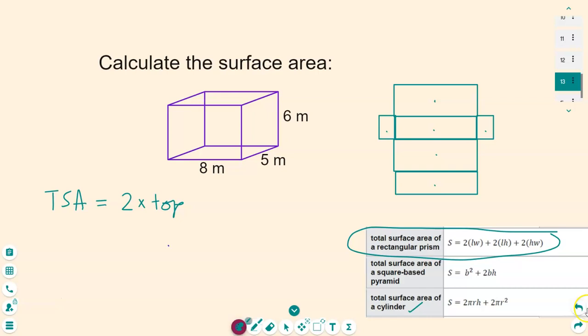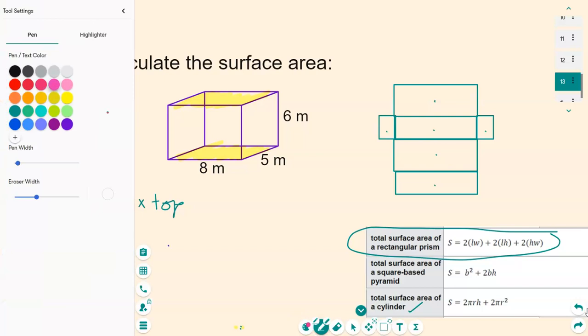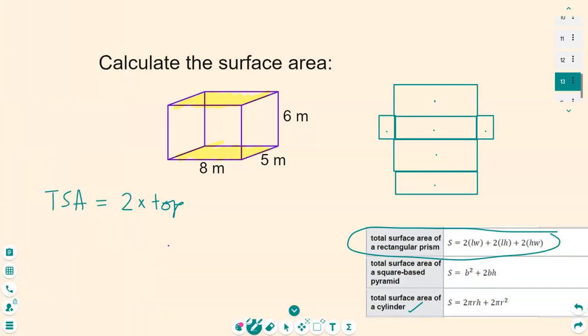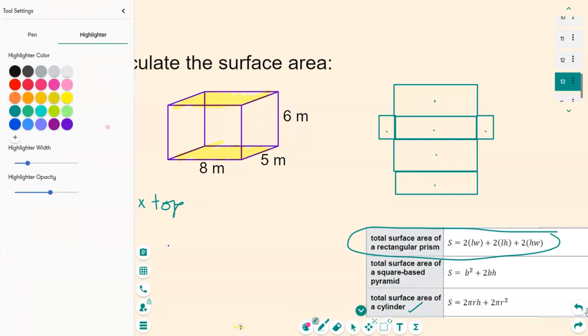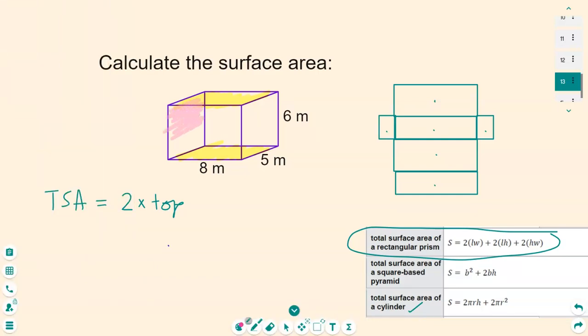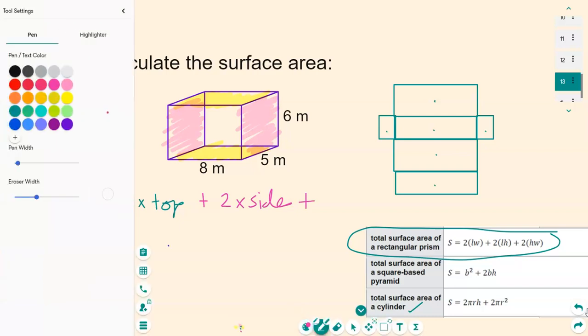So we can simplify our life. 2 times the top rectangle, plus 2 times the side rectangle, plus 2 times the sides, plus, then we've got the front and the back.